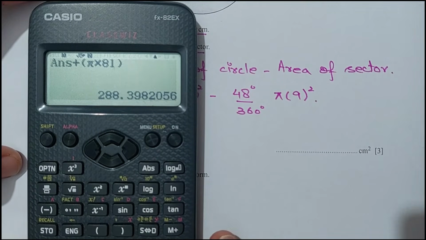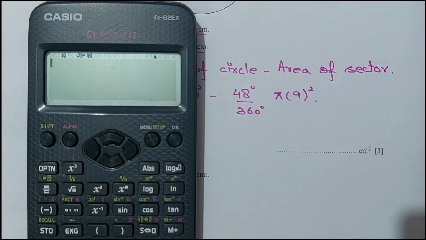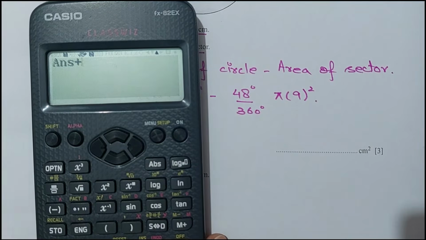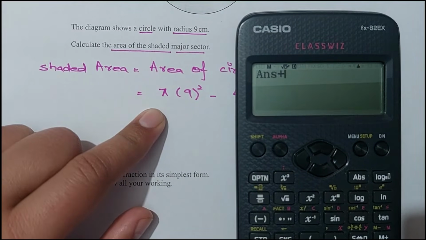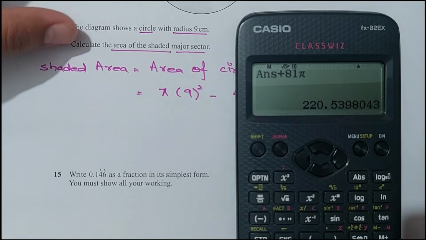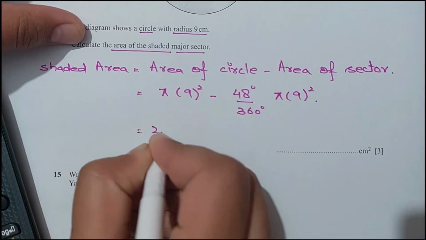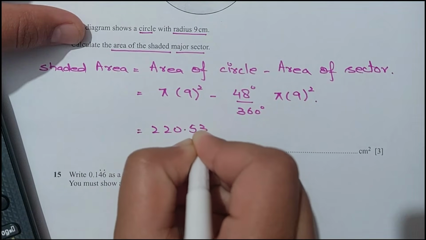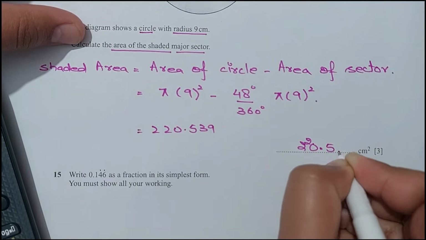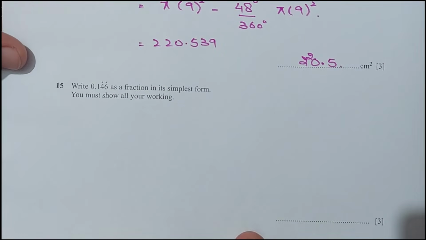Let me do this again. 48 over 360 multiplied by pi, multiplied by 9 squared, multiplied by -1, and then add the 81 pi. This is 220.539, or 220.5 centimeters squared.